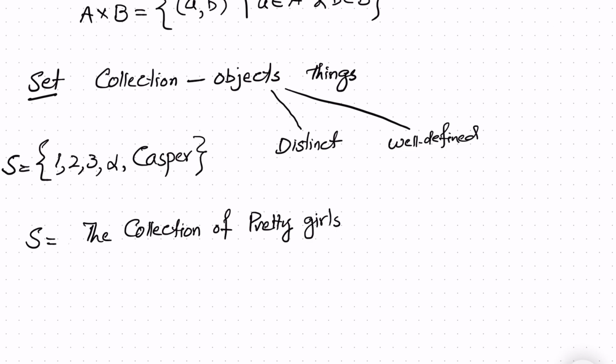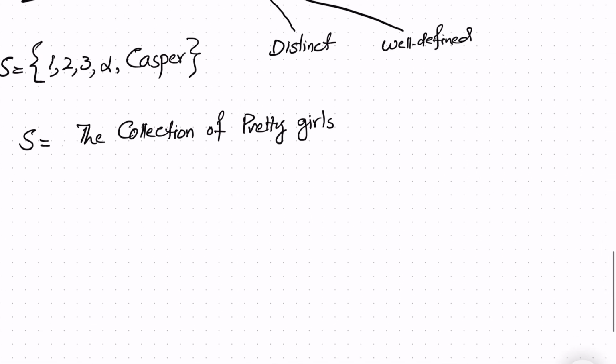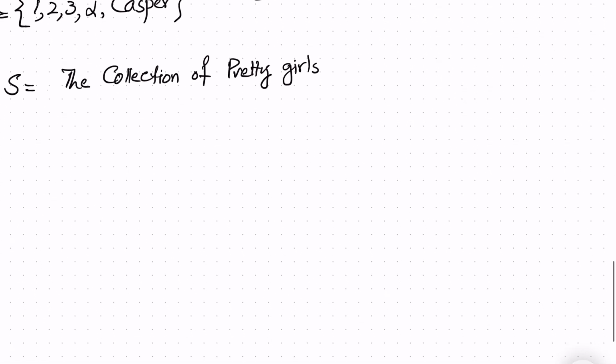Because when we say thing, anything, it could be confusing. Okay. Now, one more question. For example, I say that there is a set S which has nothing in it. Do you think this set is empty?